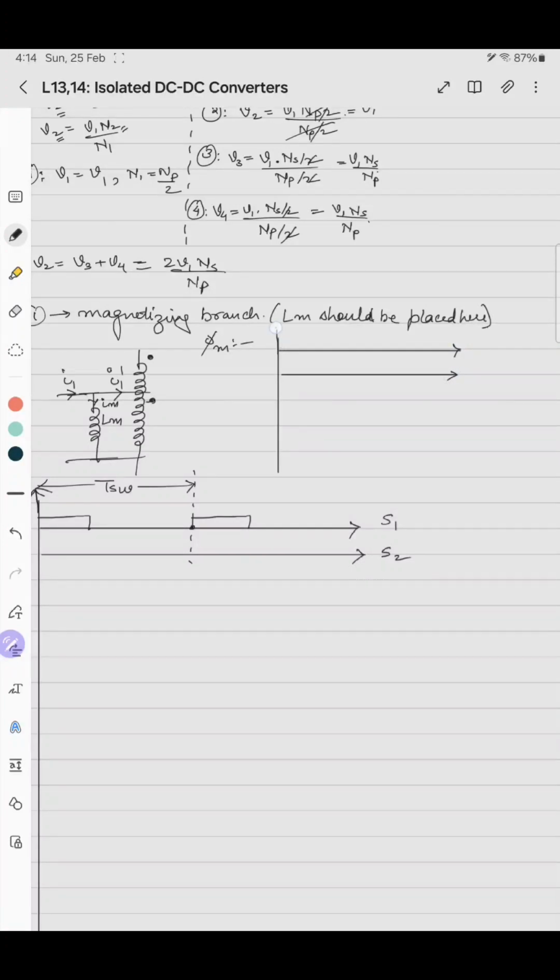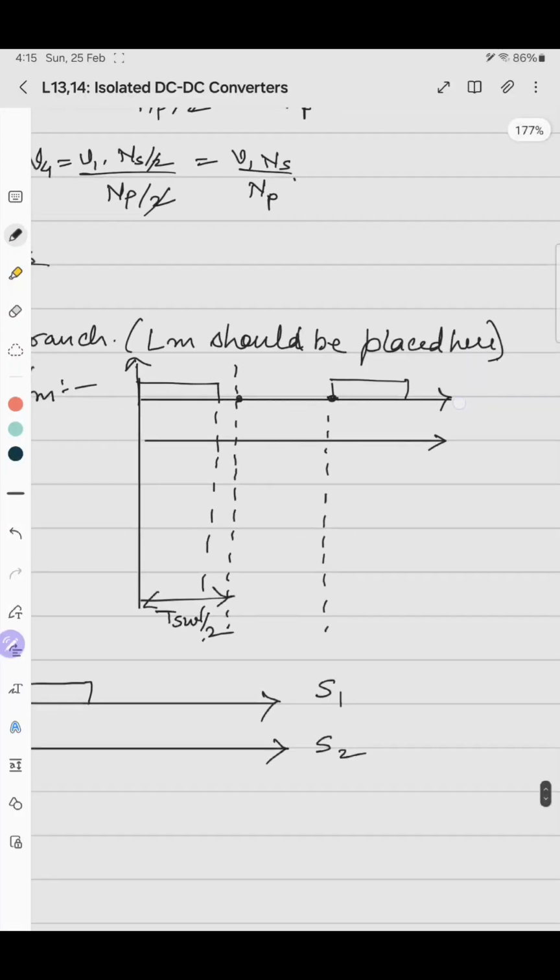Till here is the switching period, and this is half of the switching period. Means this portion is T switching by 2, and this portion is T switching. So the switching frequency for both the switches is the same.